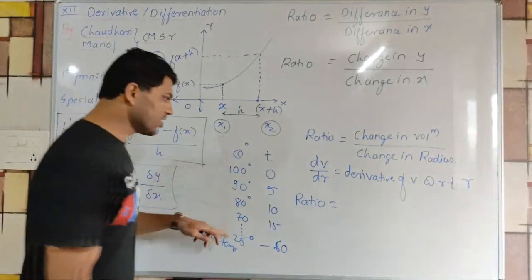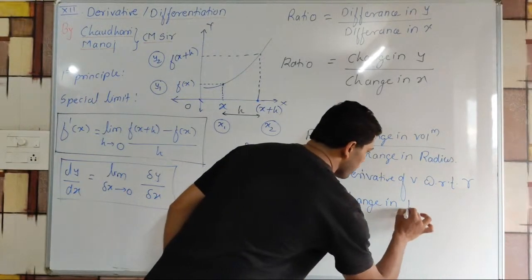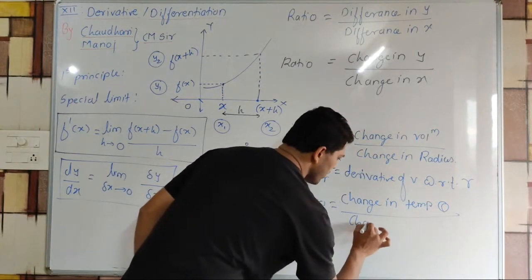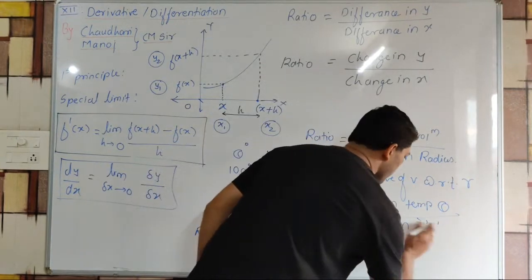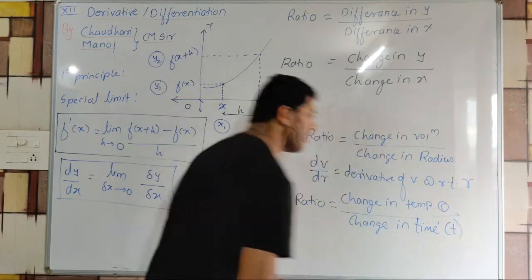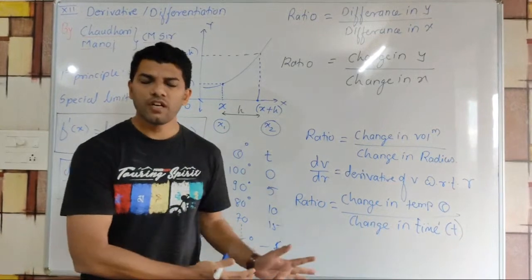So here it's a change in temperature of water with respect to change in time. Am I correct? Let's represent time by t. So here also it's a ratio. Ratio of what?